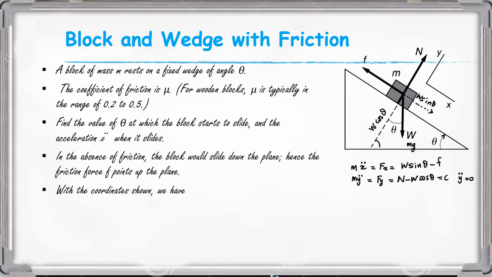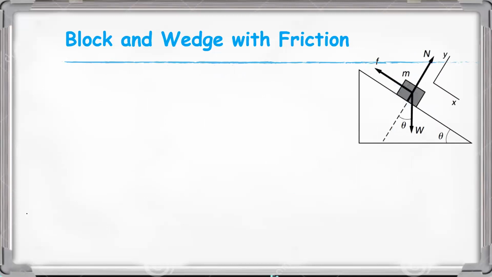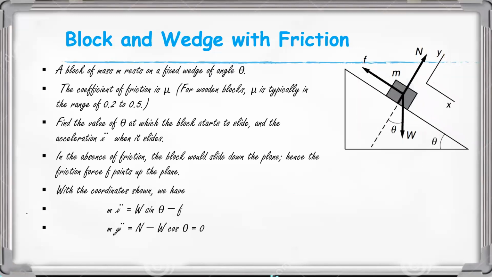That is equal to 0. So the two equations of motion are m x double dot is equal to W sin theta minus F, and m y double dot is equal to N minus W cos theta, that is equal to 0. Okay, these are the equations of motion.